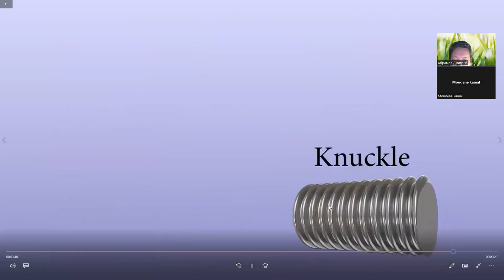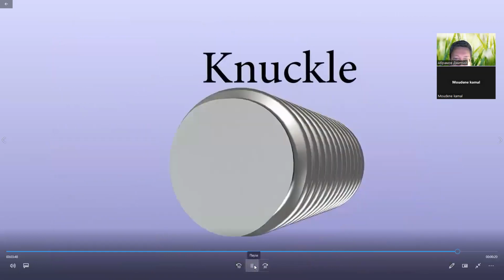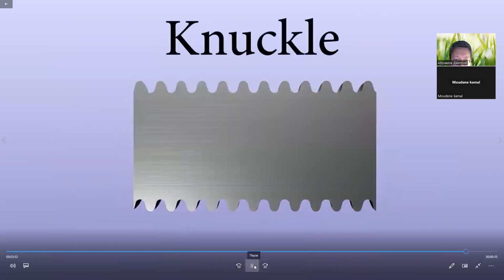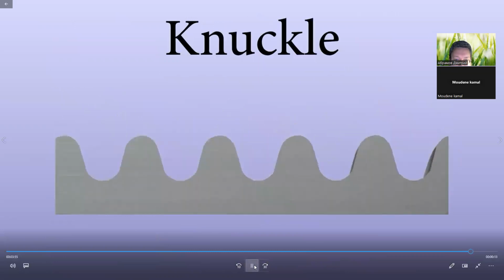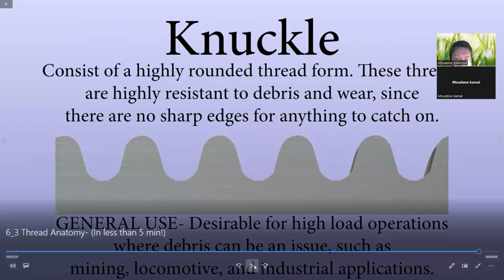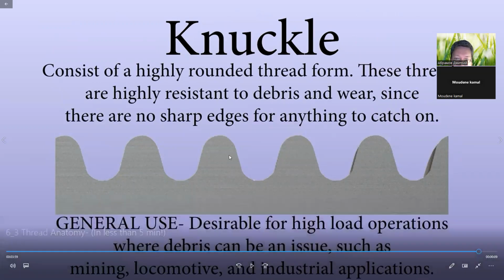And the last type of thread is knuckle. Consists of a highly rounded thread form. These threads are highly resistant to debris and wear, since there are no sharp edges for anything to catch on.